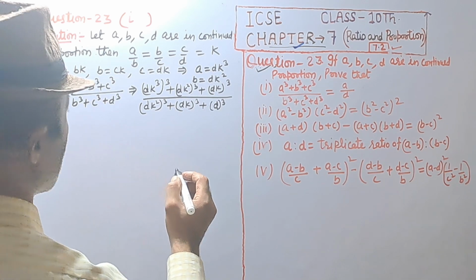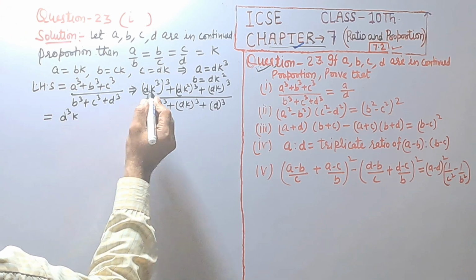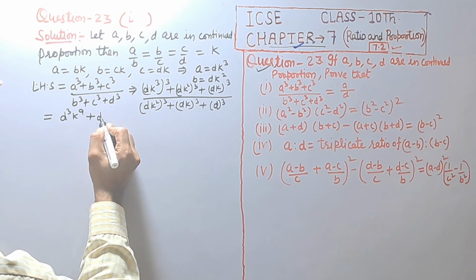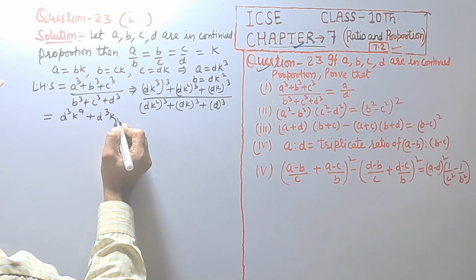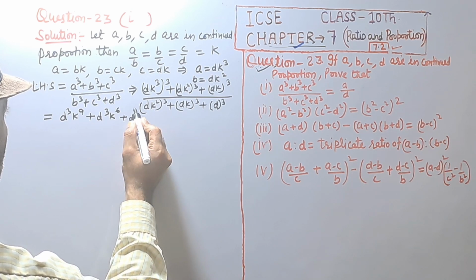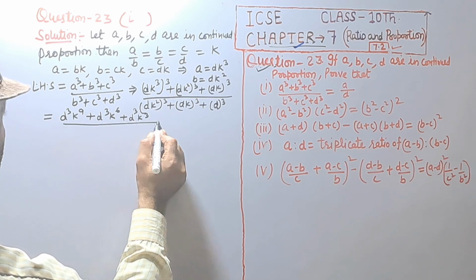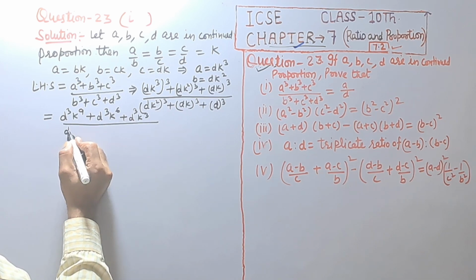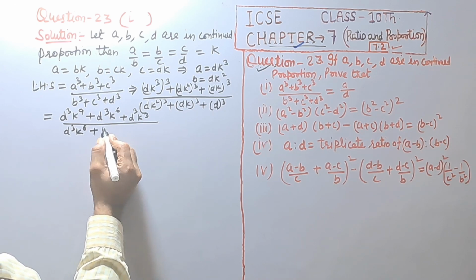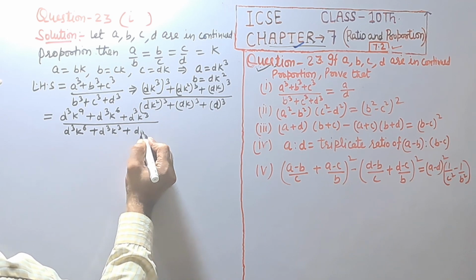That is equal to D raised to power 3, K raised to power 9, plus D raised to power 3, K raised to power 6, plus D raised to power 3, K raised to power 3, divided by D raised to power 3, K raised to power 6, plus D raised to power 3, K raised to power 3, plus D raised to power 3.